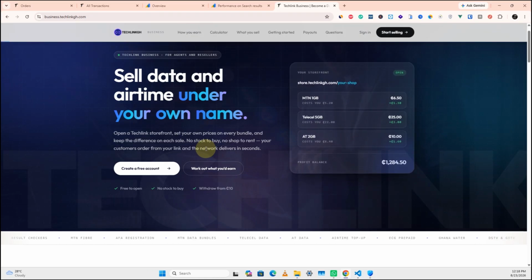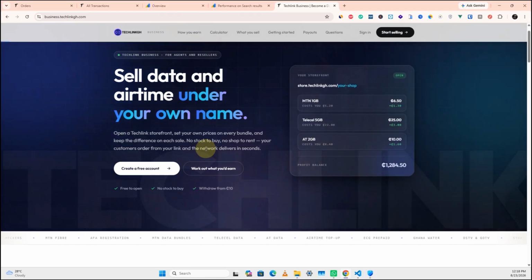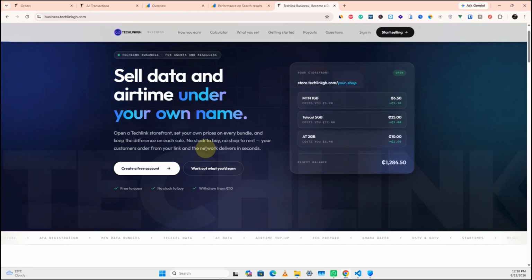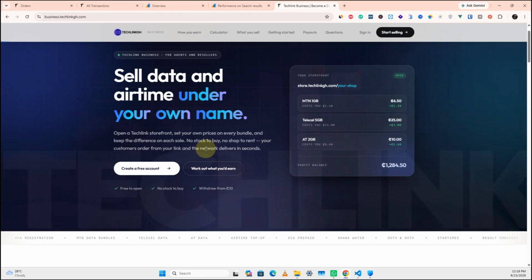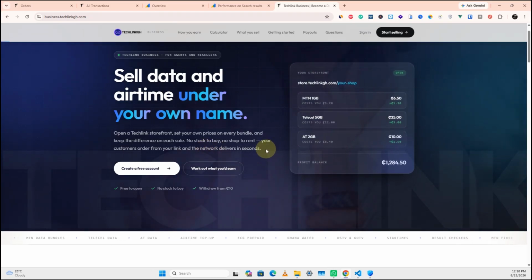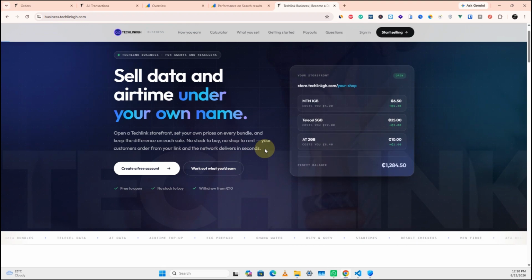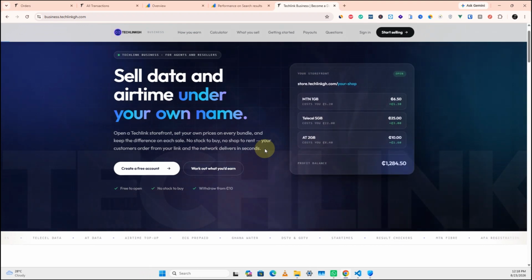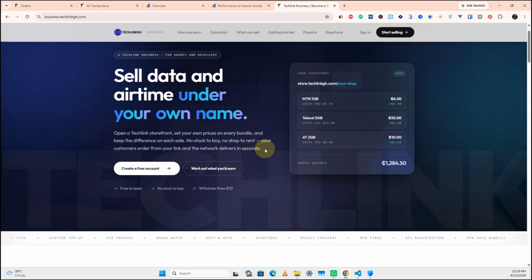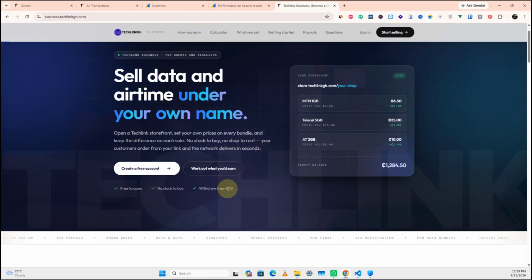Everything, we do it for you. If it is customer service, delivery, or updating of pricing, we do everything. You don't have to do anything. You just have to focus on promoting your e-store or your shop, and then you just sit back and earn money. You can withdraw from 10 cedis and above whenever you want to.